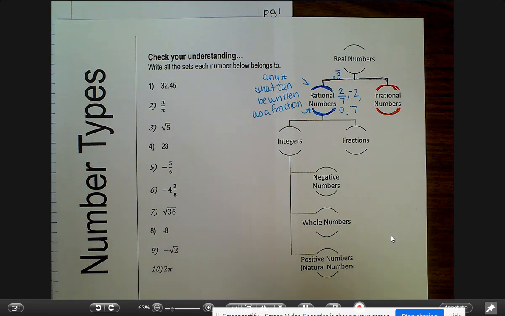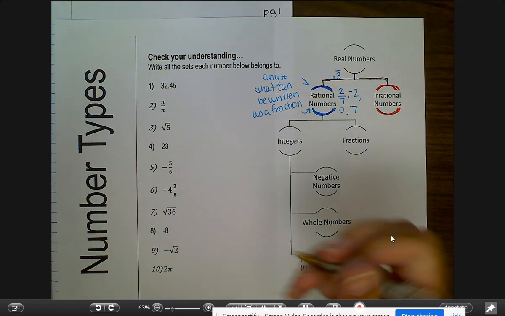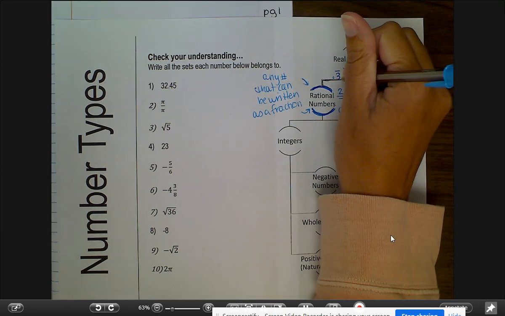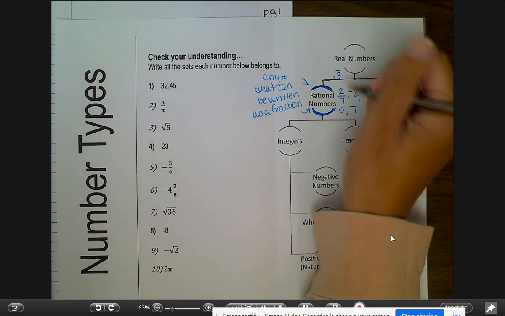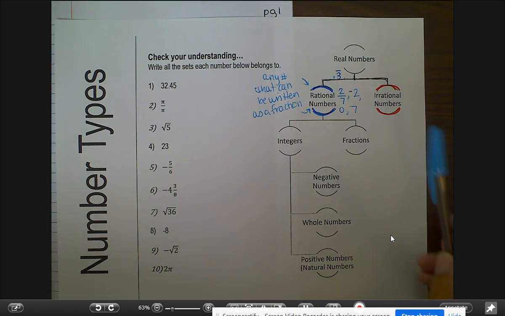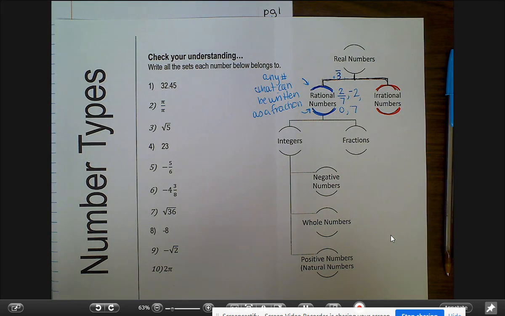There's a process that you can follow to do it, but I've done it so many times that now I just remember that 0.3 repeating is 1/3. Those are rational numbers because they can be written as fractional numbers. Now, an irrational number cannot be written as a fraction.